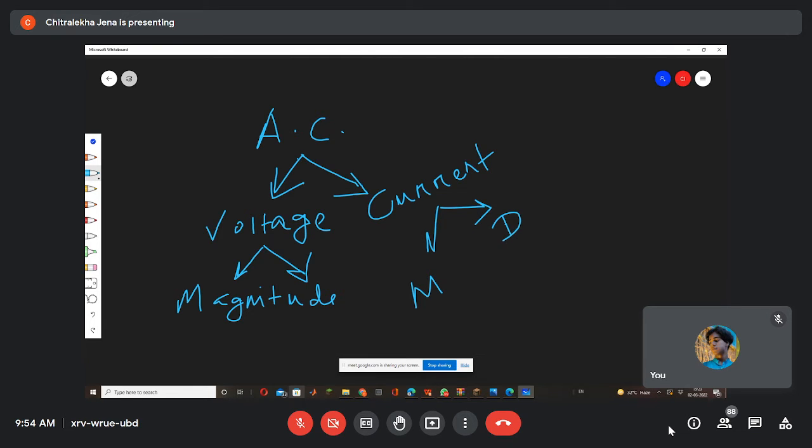When you speak about the voltage, you speak about the magnitude and the polarity. So define AC voltage as that voltage whose polarity and magnitude change with respect to time. AC current is that current whose magnitude and direction change with respect to time.